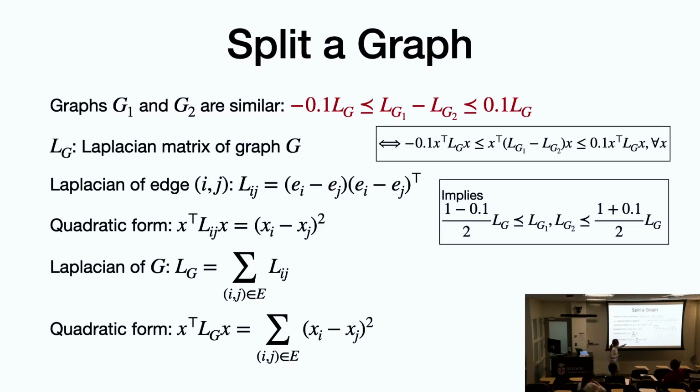Since the sum of LG1 and LG2 equals the Laplacian LG, this also implies that the Laplacian LG1 and also LG2 is roughly half of the Laplacian LG. And in particular, if the graph G is a regular graph and also an expander, meaning that all the eigenvalues of LG are equal up to constant factors, then both these two subgraphs are expanders.